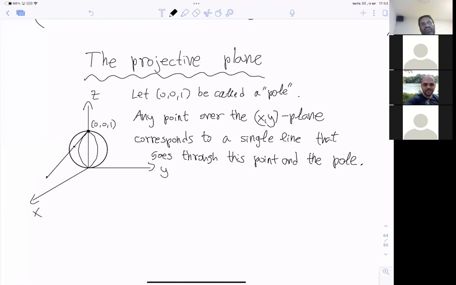How do you say it in English? Ray, R-A-Y. Yes, ray. I searched for this word.